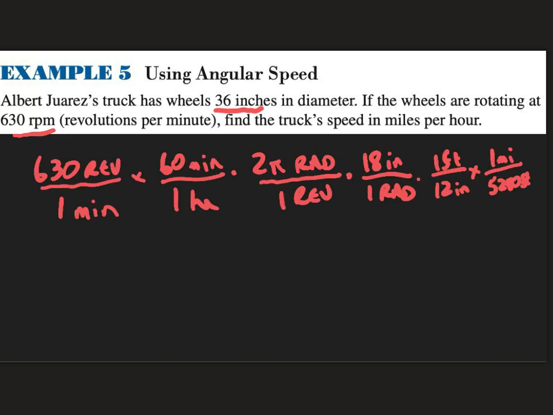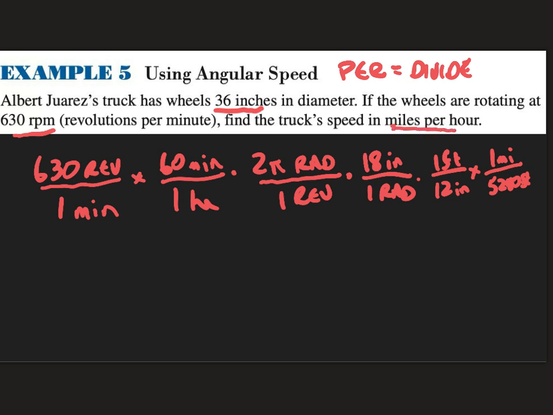Okay, so now let's explain what we did. 630 revolutions per. People forget that per is a math word. Per actually means divide. So 630 revolutions per 1 minute. We're trying to get minutes to hours, so we want to find truck speed in miles per hour.